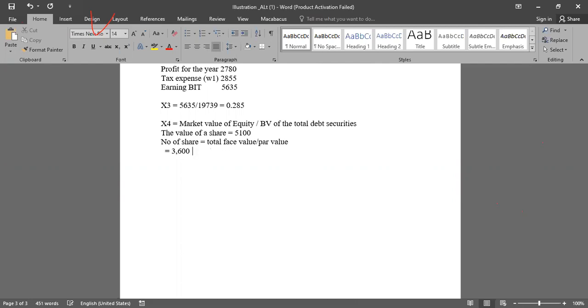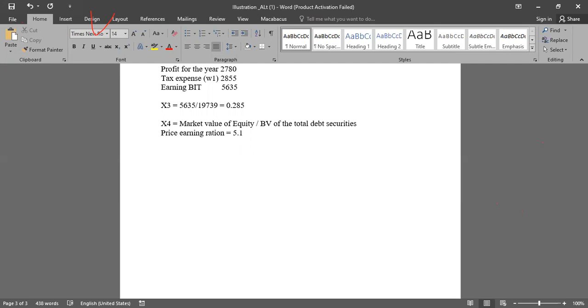But that will be very small based on this information. So instead it was a multiple, or a price earnings ratio of 5.1.